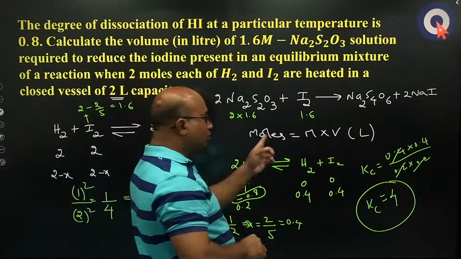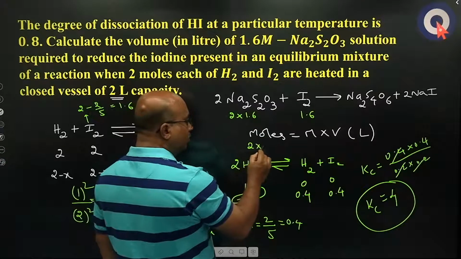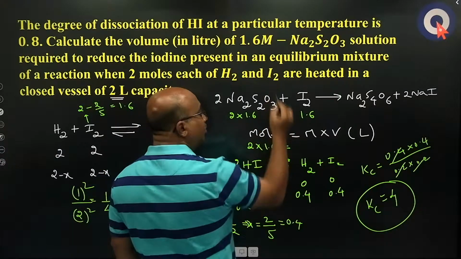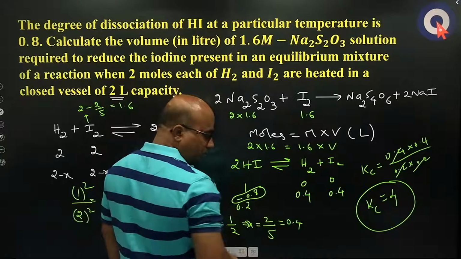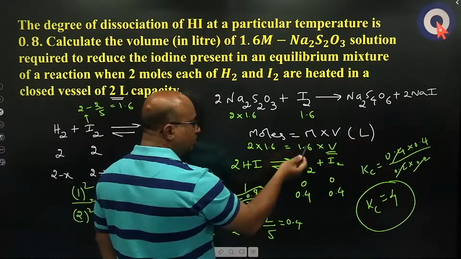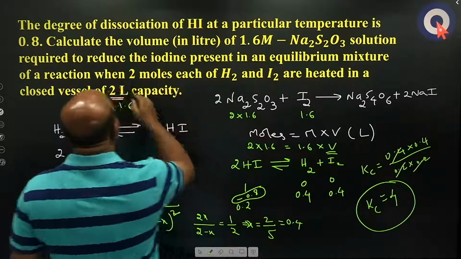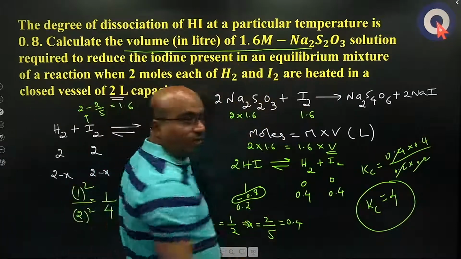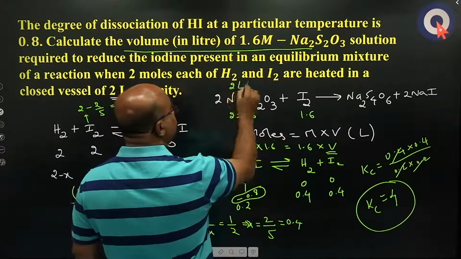So the number of moles of sodium thiosulfate is 2 into 1.6. Molarity is given as 1.6, times V, which is what we require. So what is V now? The 1.6 cancels, and V will be nothing but 2. So the volume of sodium thiosulfate required is equal to 2 liters.